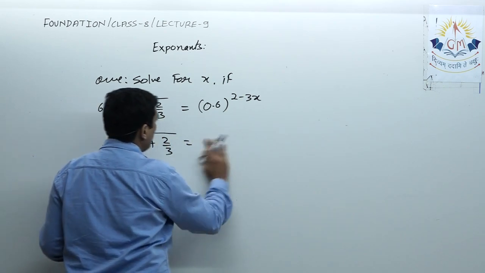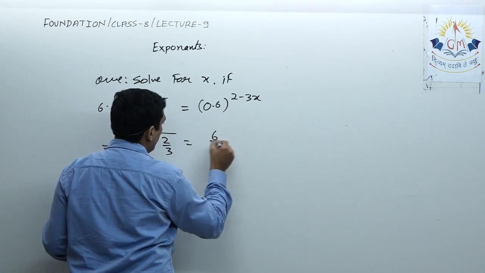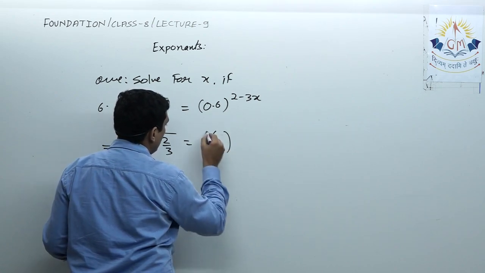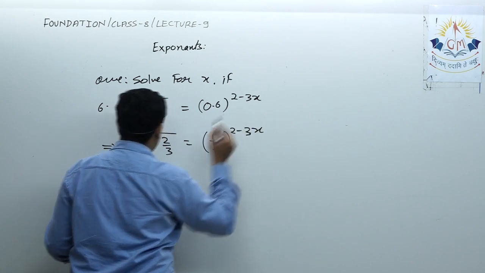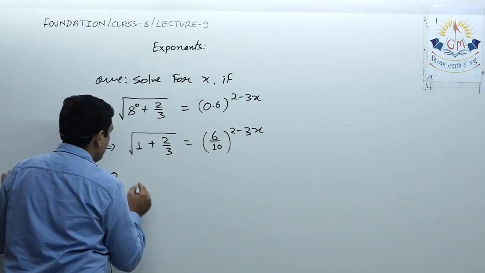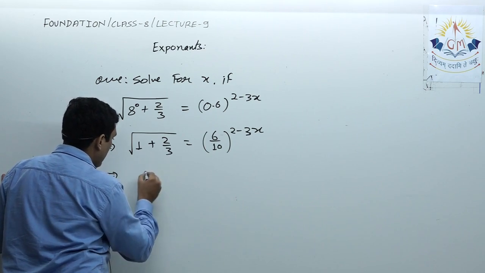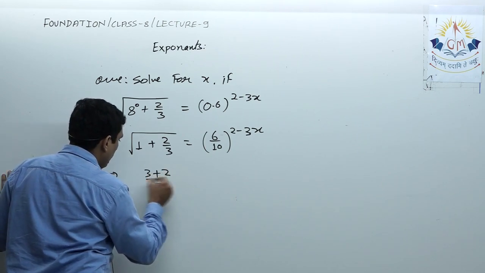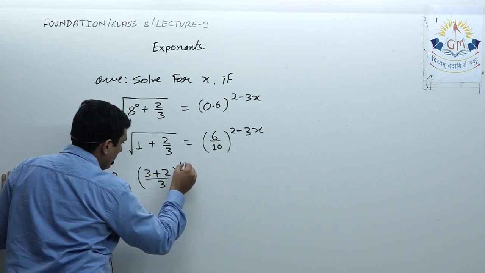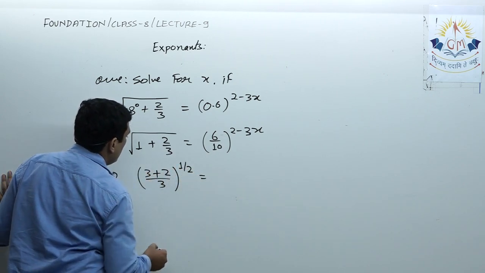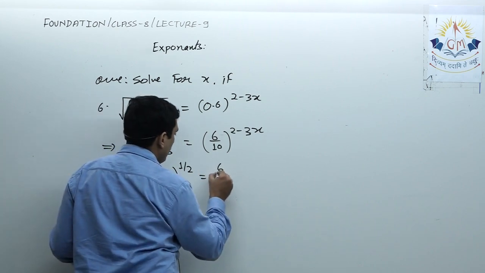Now if I remove this decimal sign, this will become 6 upon 10 raised to 2 - 3x. Now here, if I take the LCM, it becomes 3 plus 2 upon 3. Now the root I am changing into the power 1 by 2, equal to 6 upon 10.